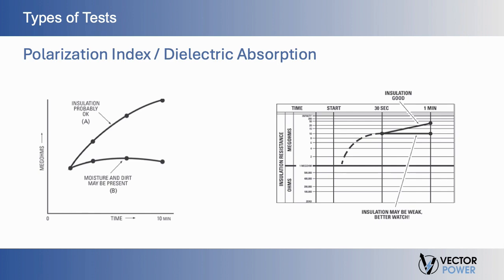Its value as a diagnostic indicator is based on two opposing factors. The current dies away as the structure reaches its final orientation. At the same time, leakage promoted by deterioration passes a comparatively large constant current.